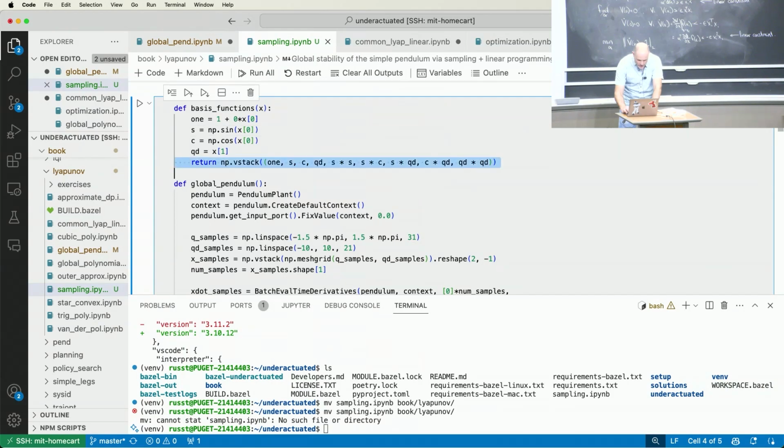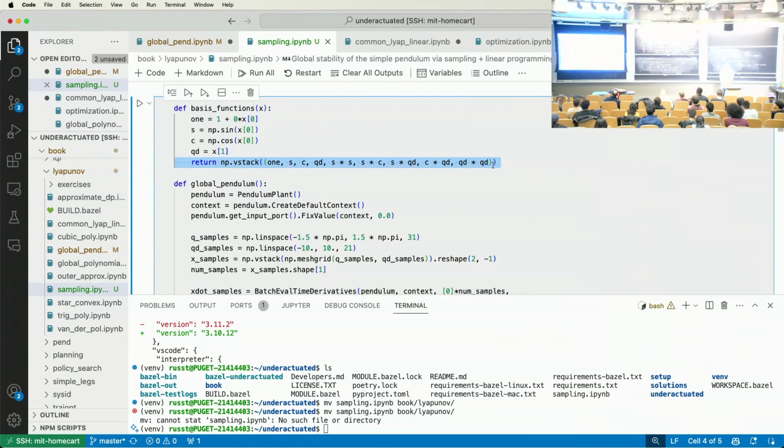Sine, cosine, and then I just made a stack of bases: 1, sine, cos, theta dot, sine squared, cosine sine, cosine. I didn't do cosine squared. Don't need that one because I already had 1 and sine squared, so cosine squared is covered. Otherwise, all of the monomials up to second degree.